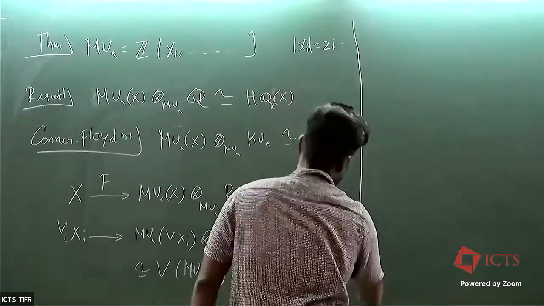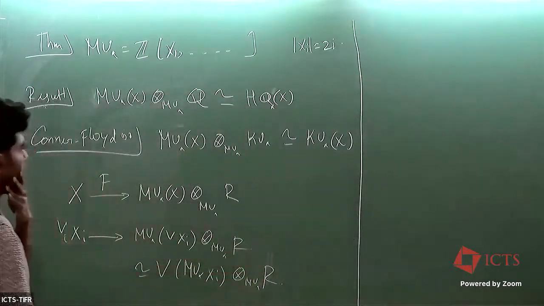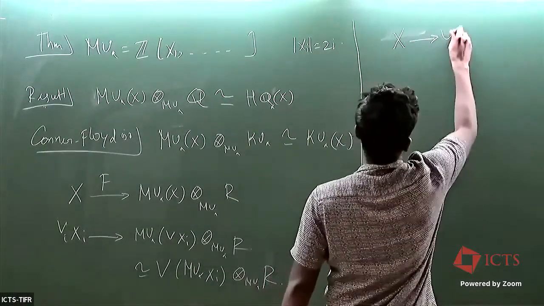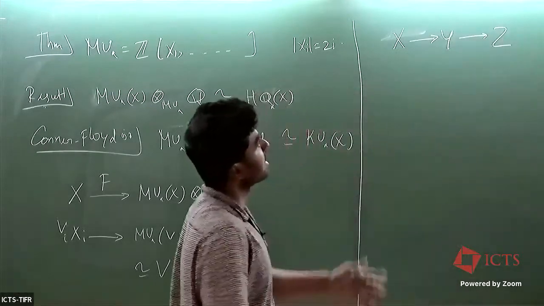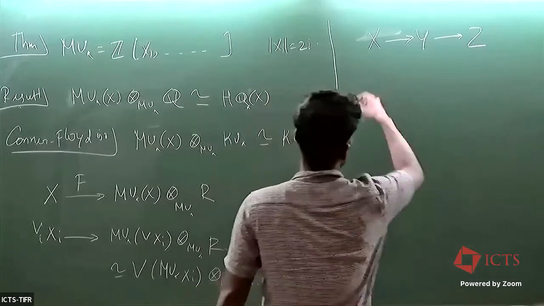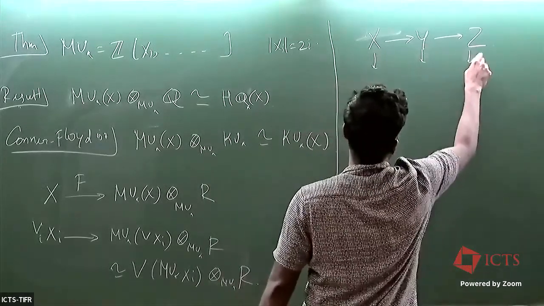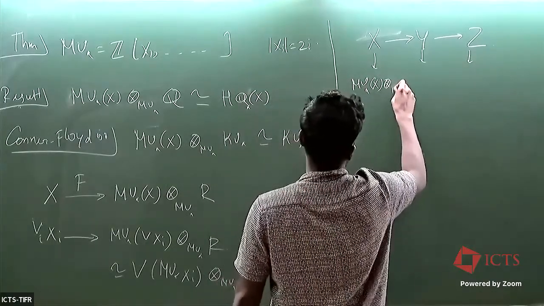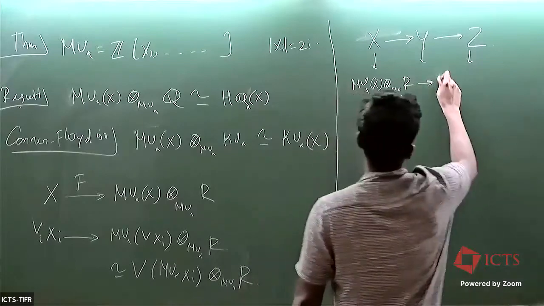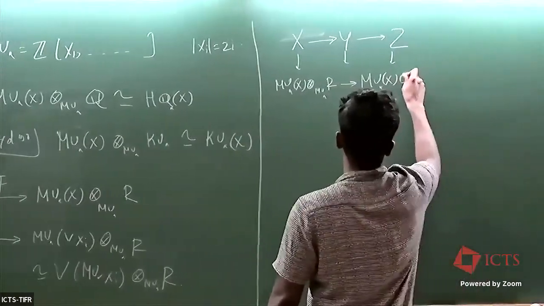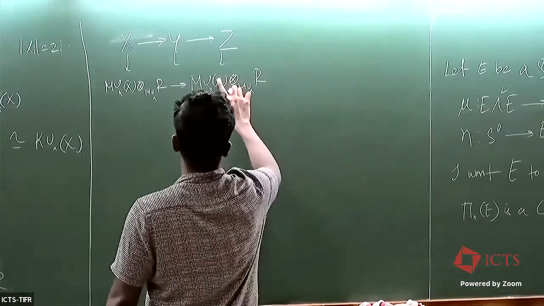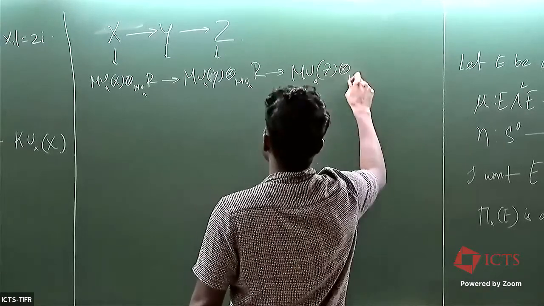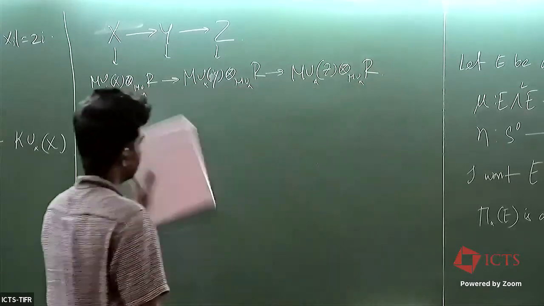Another axiom: if I have a cofibration X to Y to Z, this functor should also give me an exact triangle. If I apply F, I have MU star of X tensored with R to MU star of Y tensored with R to MU star of Z tensored with R, and this has to be exact.